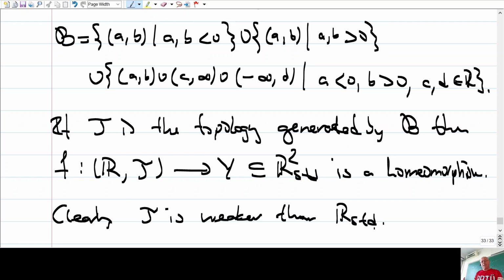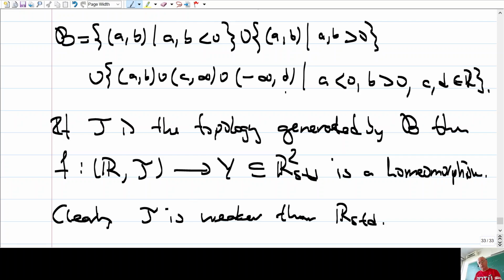So our standard has more open sets. If I take out some open sets, it becomes weaker, and if you just take out some sets carefully, it becomes figure 8, right?